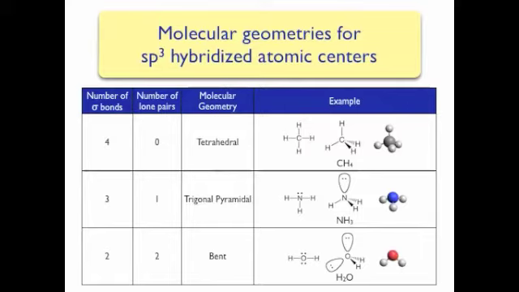However, the bond angle will be about 109 degrees, about 10 degrees smaller since it's caused by the presence of 2 lone pairs instead of 1. Water is our favorite example of a bent molecule. Note that the 2 lone pairs of water occupy 2 hybrid orbitals, while the other hybrid orbitals form sigma bonds with hydrogen.